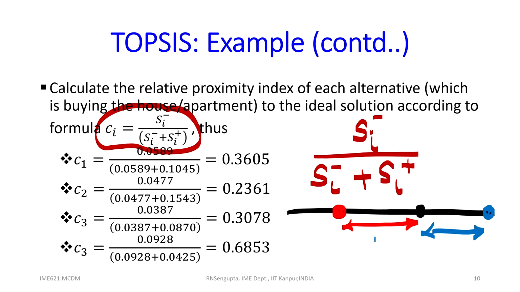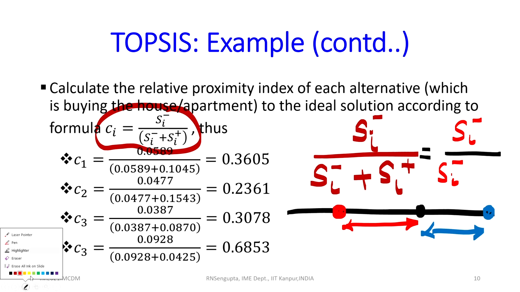If I write it with the coloring scheme to make things more legible and understandable, I will use Si minus over Si minus plus Si plus. So, this would give me the negative concept.